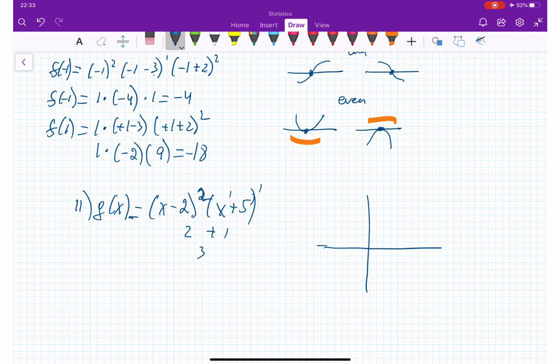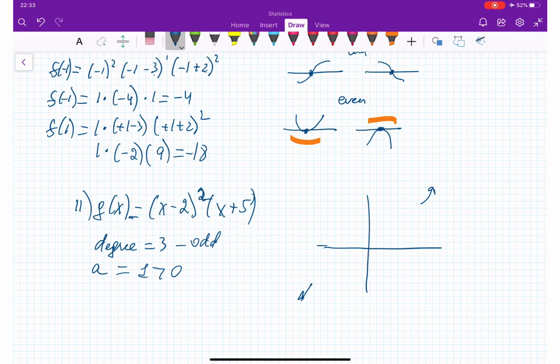So we have 3. Degree 3 is odd, and our coefficient is 1 and positive, yes? So let's write down. Degree is equal to 3. Coefficient A is 1. So this is odd, and this is greater than 0, which means end behavior is going to be like this.